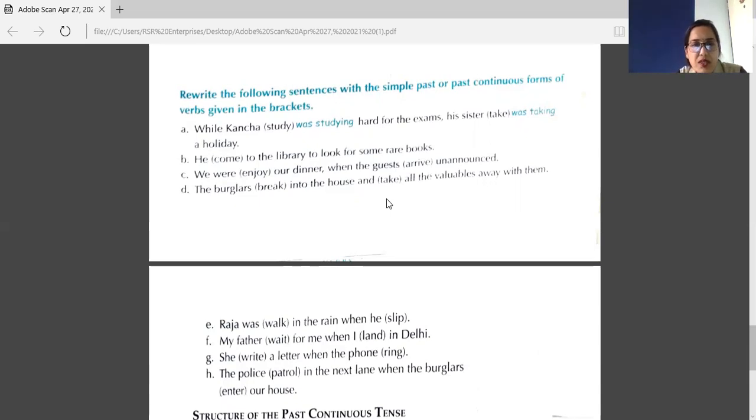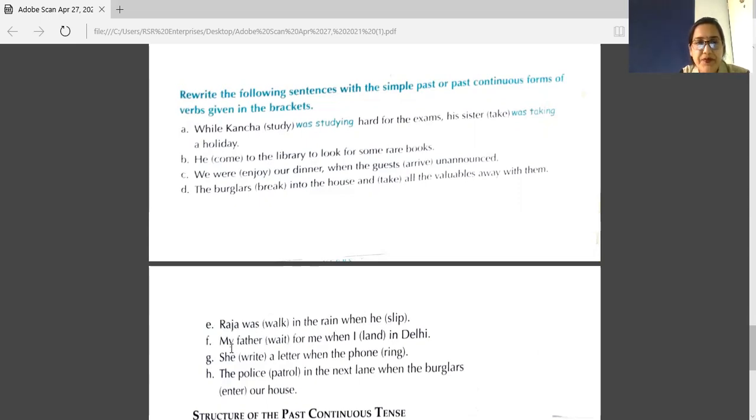Raja was dash in the rain when he dash. Words are walk and slip. Raja was walking in the rain when he slipped. So when this happened, what he was doing, he was walking.